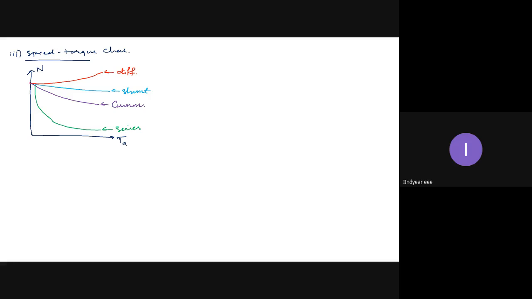These are cumulatively compound. So these are the characteristics of DC compound machines.